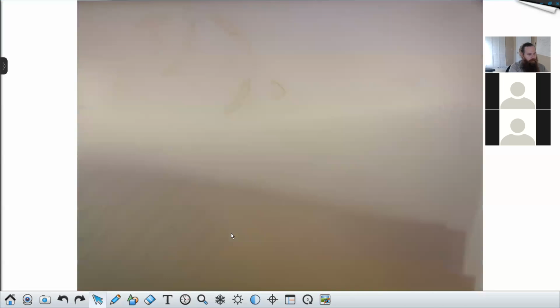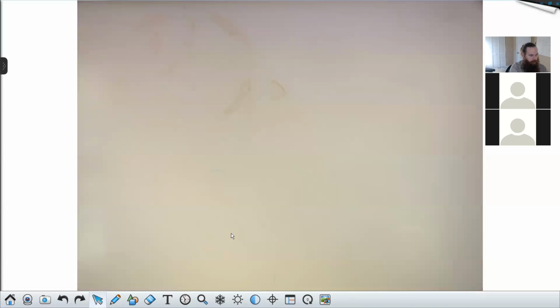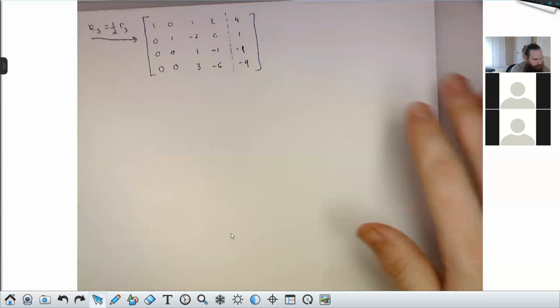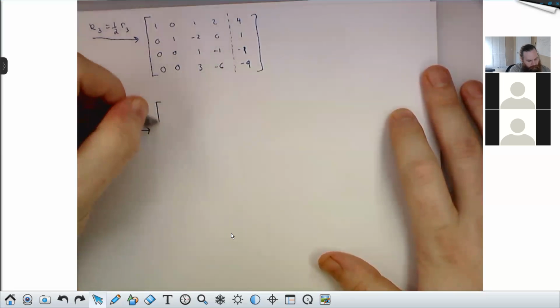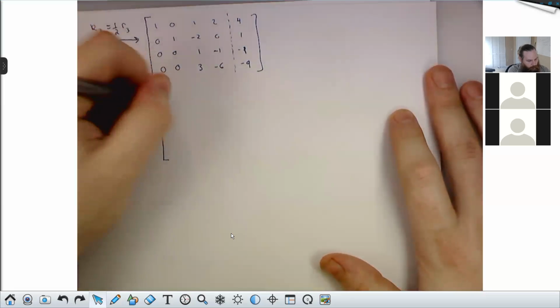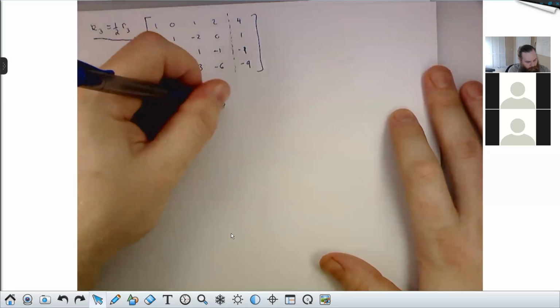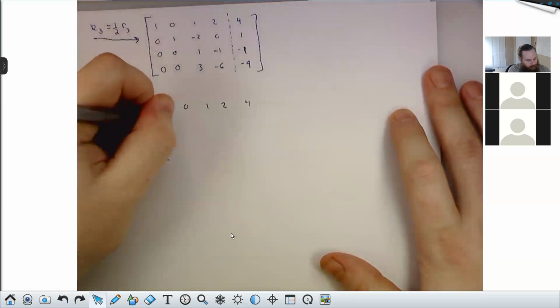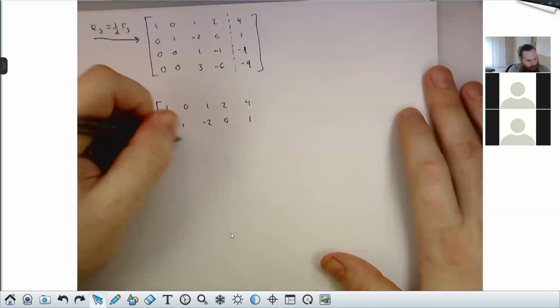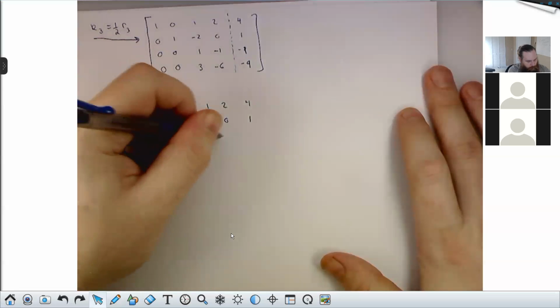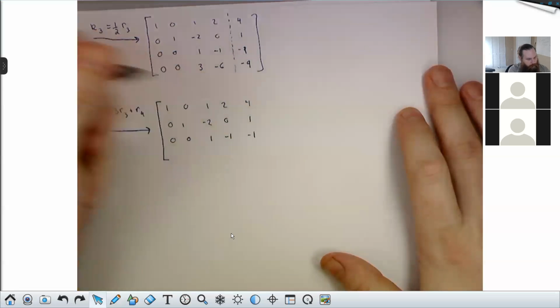So the row operation here, my new row 4 will be -3 times old row 3 plus old row 4. And then this will be my last necessary row op. Row 1 stays 1, 0, 1, 2, 4, 0, 1, -2, 0, 1, 0, 0, 1, -1, -1.